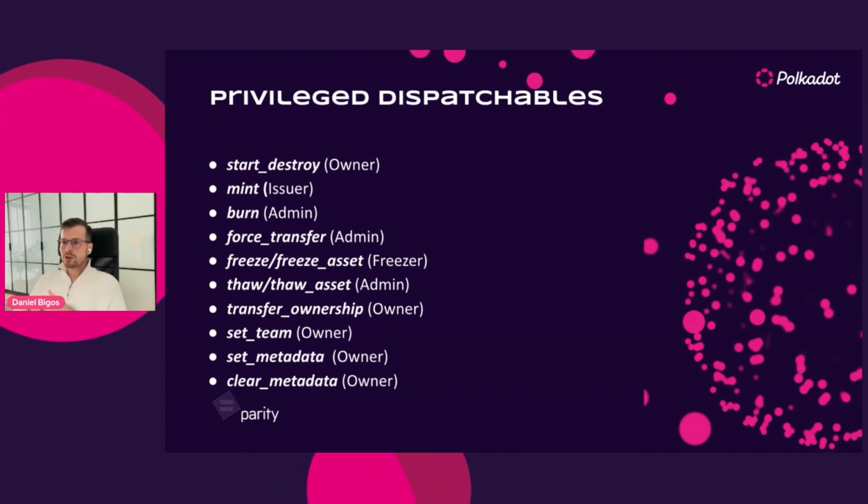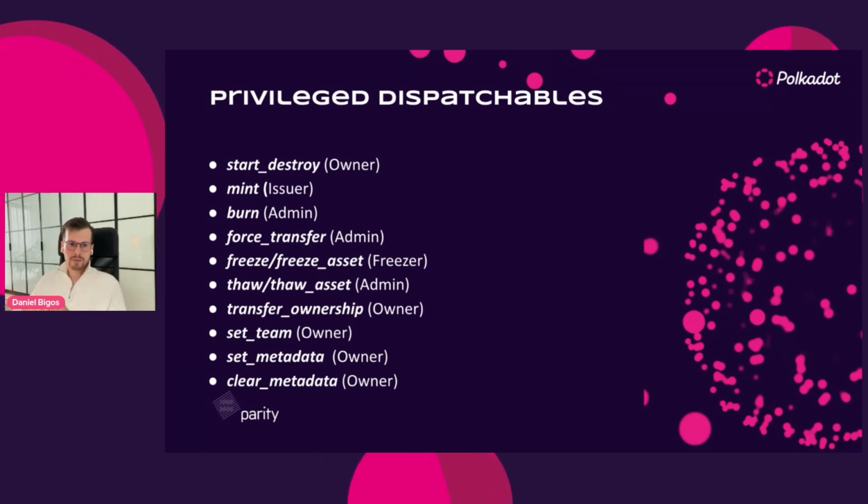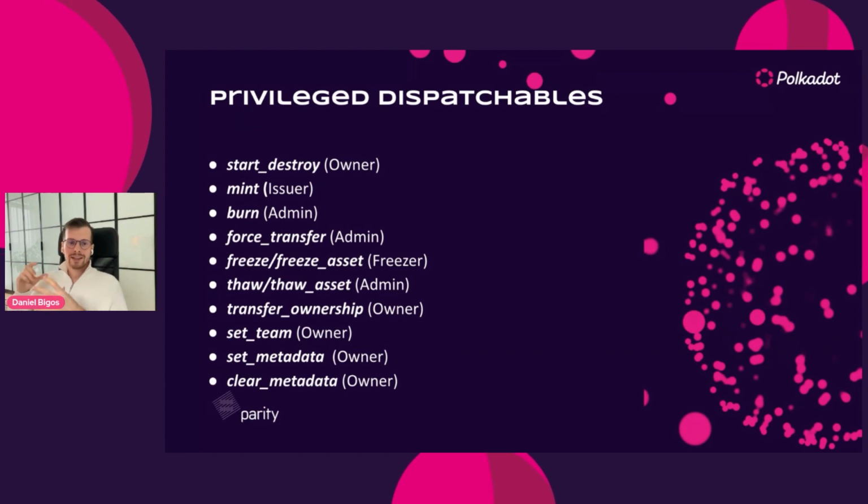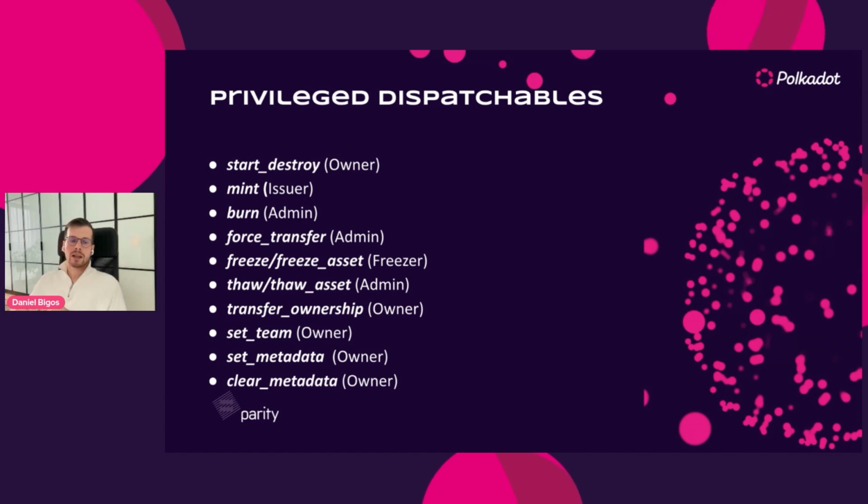Besides transferring ownership, the asset owner can play with asset metadata, like set the metadata for the asset, can also clear metadata for the asset, and also manage asset roles. I mean, the roles that I described previously, with set team. Set team is an extrinsic for setting the roles like owner, issuer, freezer, admin, stuff like that.